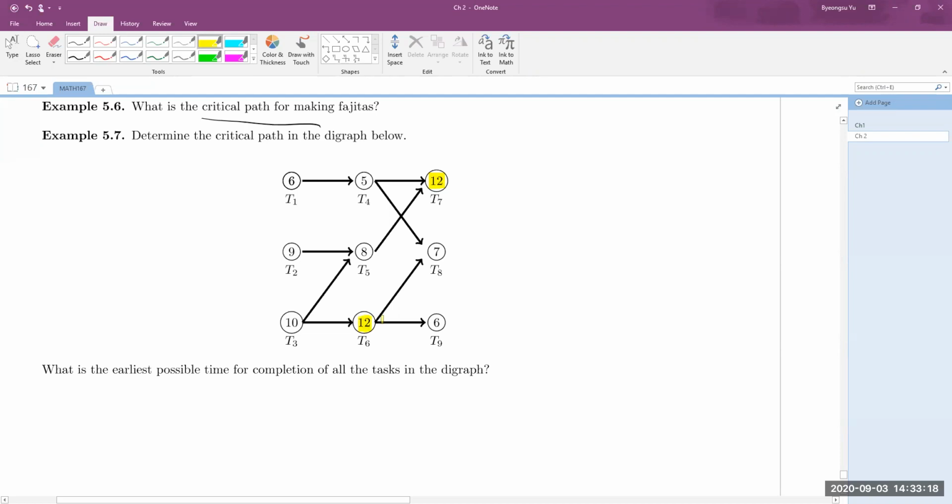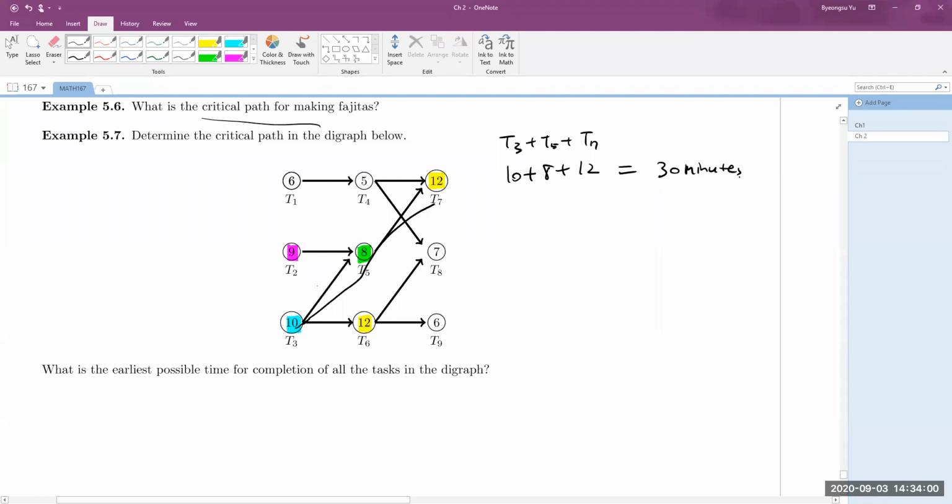The next one is T3, and the next one is 9, which is T2, and the next one is, sorry, 8, right? So you can figure out that this path from T3 to T5 to T7 is 10 plus 8 plus 12, T3 to T7 gives you 30 minutes.